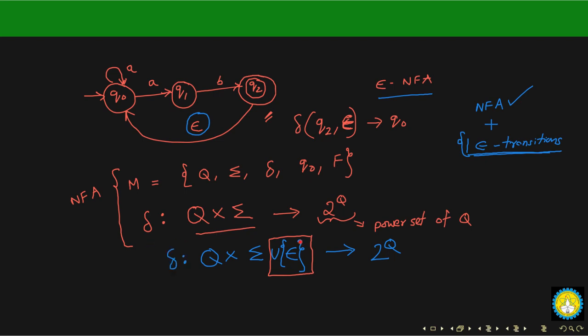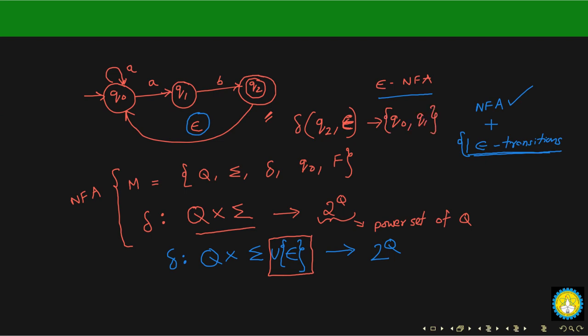The only thing that we are doing here is accommodating the epsilon symbol also as part of our transitions. And again, remember, this Cartesian product is mapped to the power set of Q itself. So the same mapping can be done to different states. For example, I can say this is mapped to, say, Q0, Q1.